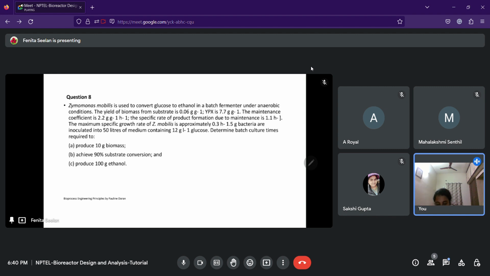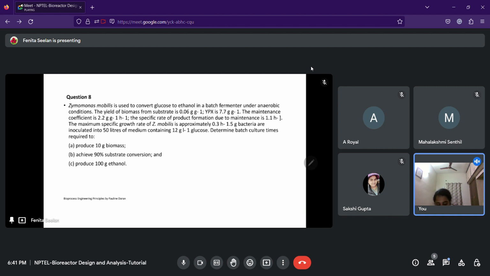The specific rate of product formation due to maintenance is 1.1 per hour. The maximum specific growth rate of Zymomonas mobilis is approximately 0.3 per hour, and 1.5 gram of bacteria are inoculated into 50 liters of medium containing 12 grams per liter of glucose.